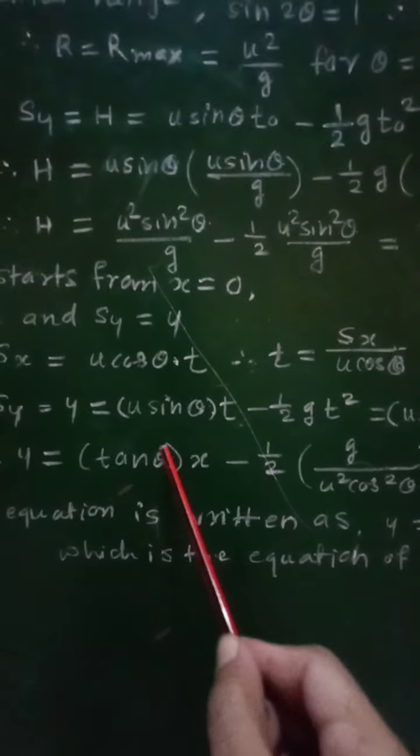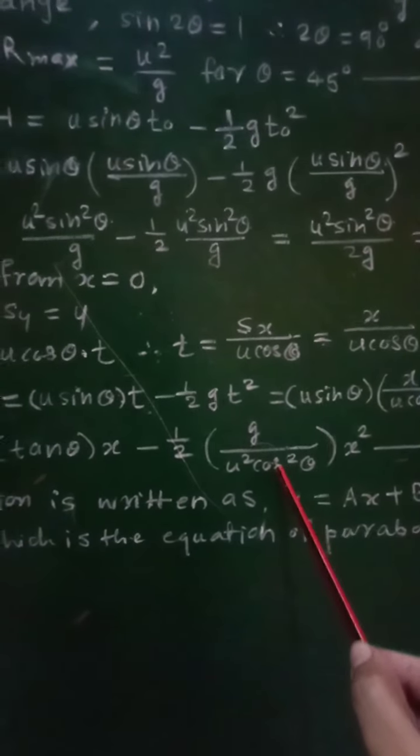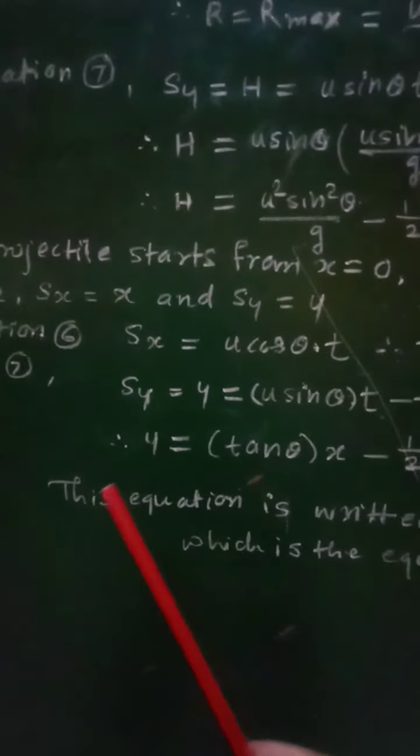If you consider this tan theta as constant factor a, and this half g upon u square cos square theta as b, then equation number 11 will be written as y equal to ax plus bx square, equation number 12.